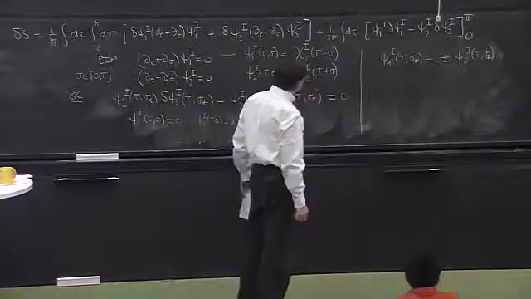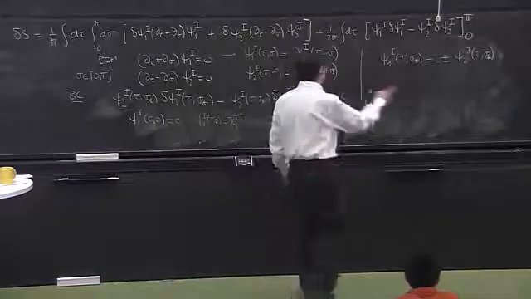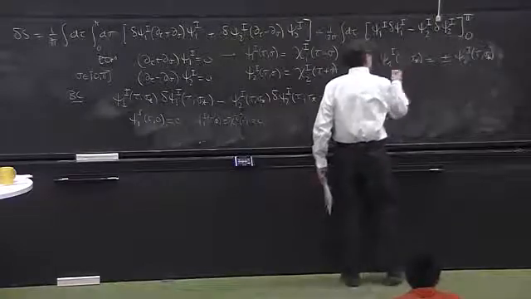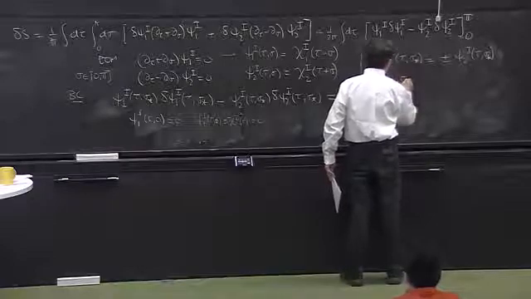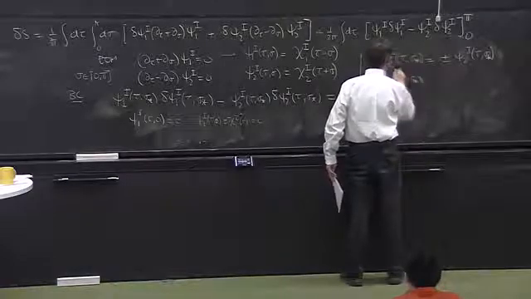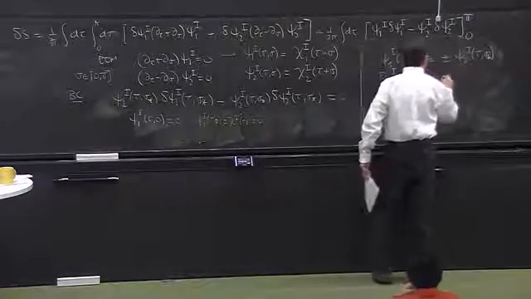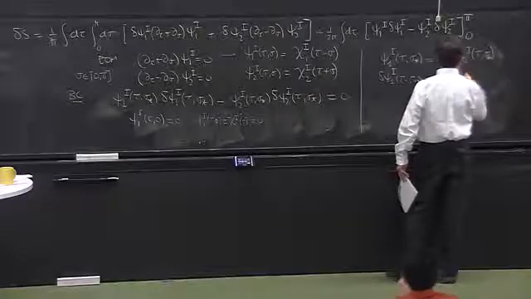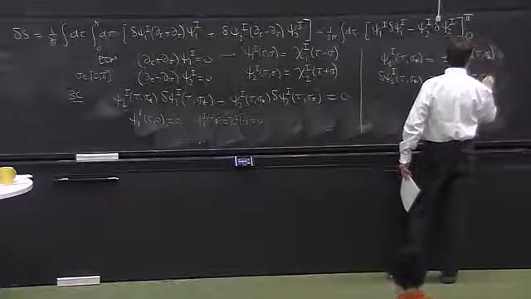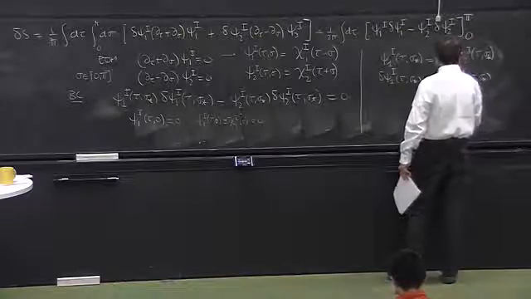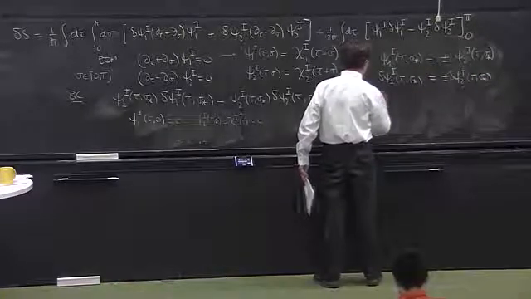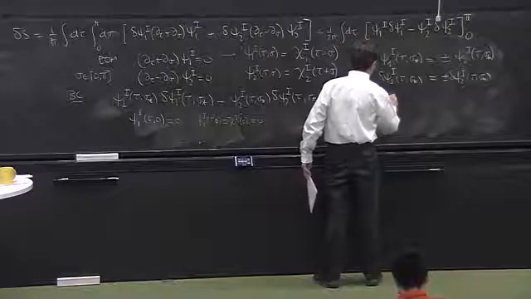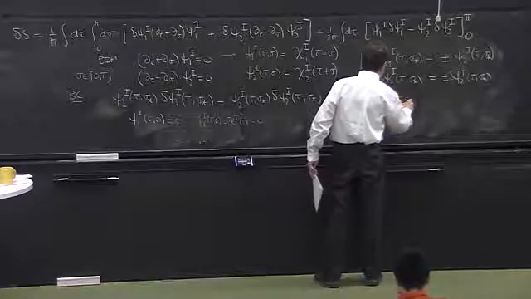Well, if these two fermions are the same at sigma star, they should always be the same, so their variations should still be the same at sigma star. And now when you multiply this, you get psi 1I delta psi 1I of tau and sigma star.